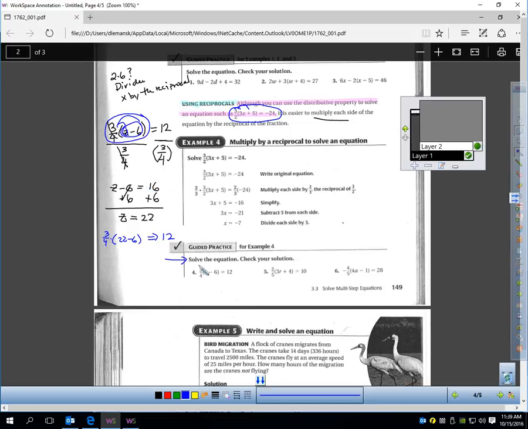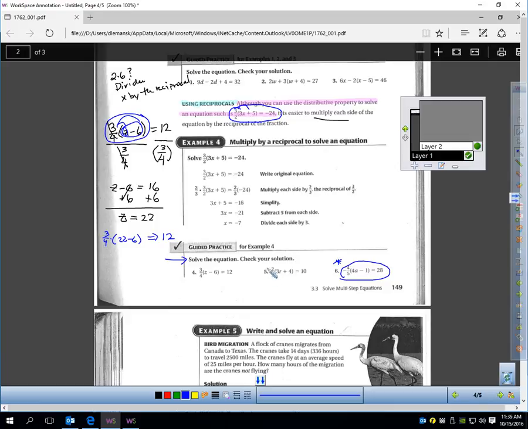So, when you have a situation like what I'm circling here, where you have the distributive property on one side of the equal sign and a numerical amount on the other, you could immediately divide each side. Like for this problem here, you could immediately divide each side of the problem by negative 4/5, and it should leave you an easy two-step problem to solve.